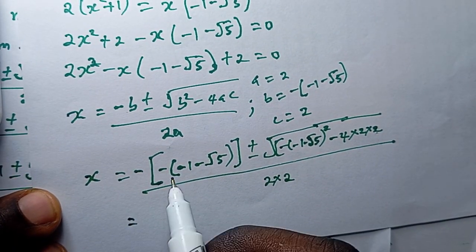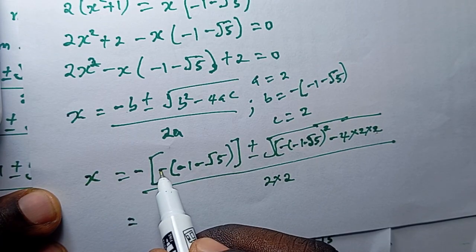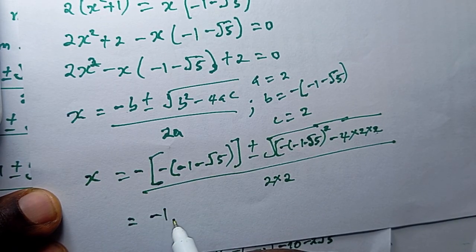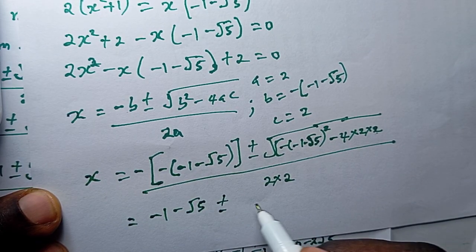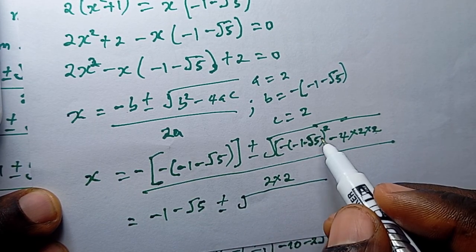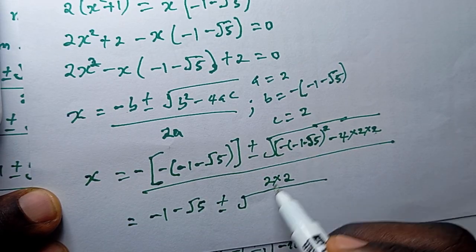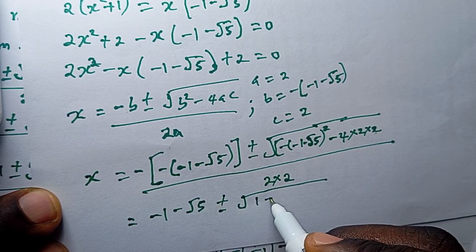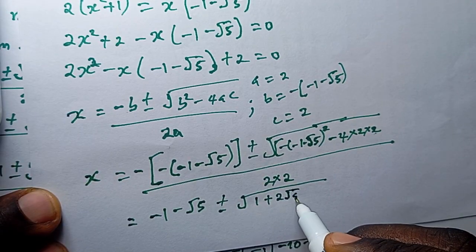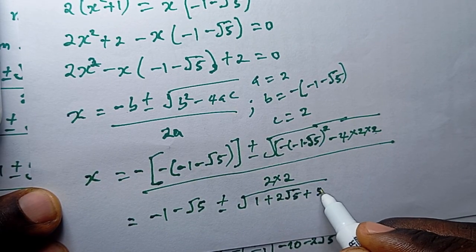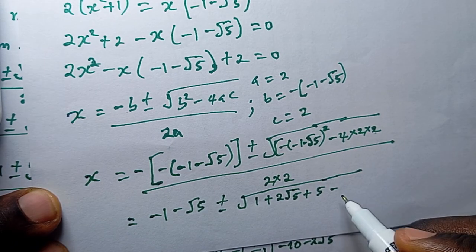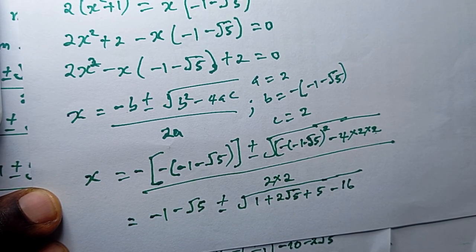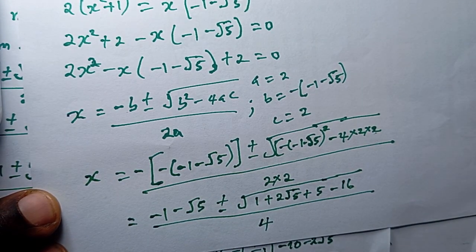And this will be equal to, so this whole thing here, minus times minus, so I'm going to be having -1 minus root 5, plus or minus square root of, if I expand this one, I will be having 1 plus 2 root 5, and then plus 5, then minus 4 times 4, times 2 times 2 is 16, and all of these divided by 2 times 2, which is equal to 4.